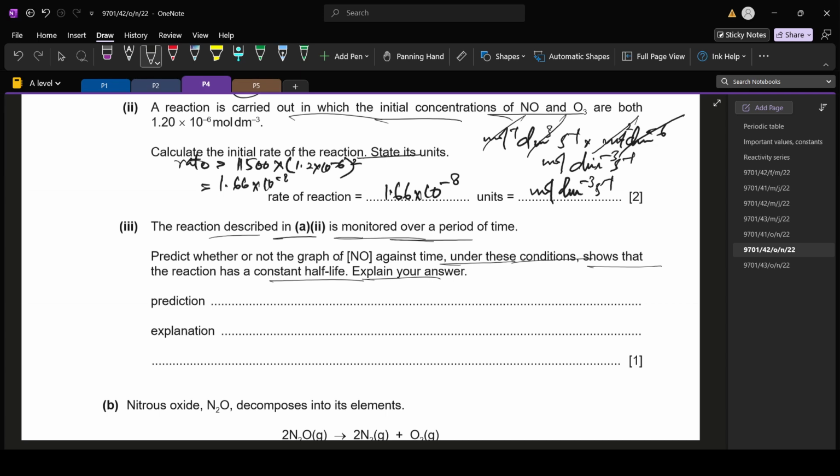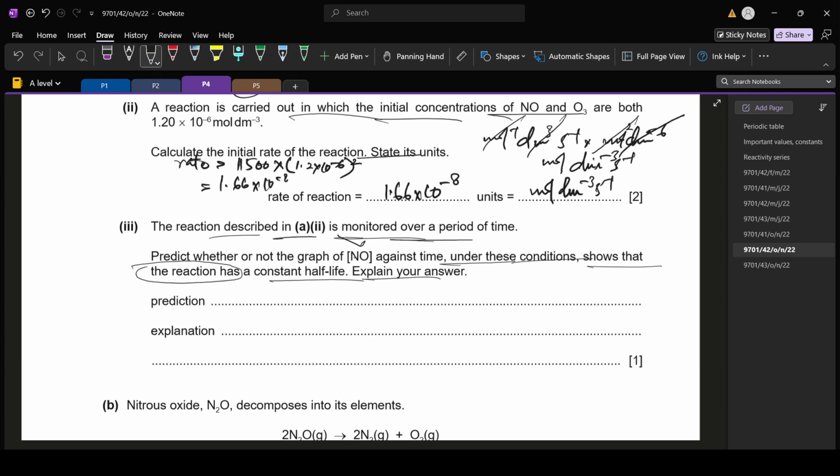But some students might think that it told us to draw a graph of nitrogen monoxide only, and nitrogen monoxide has a first order reaction. But you can see that it is not asking for this particular reactant, it is asking for the whole reaction.